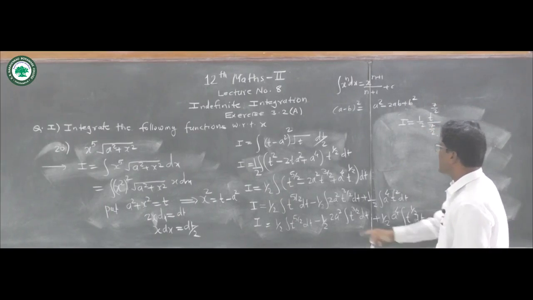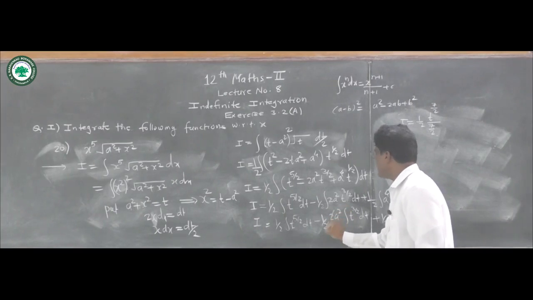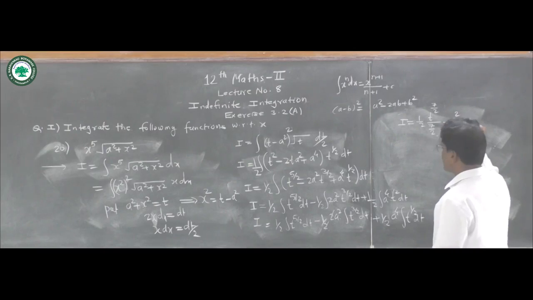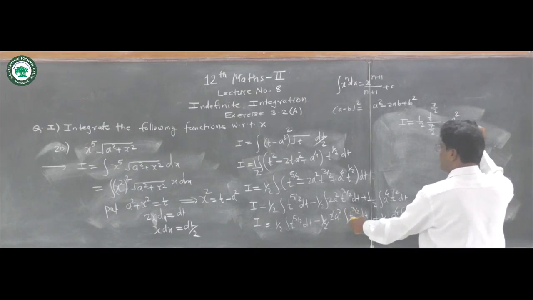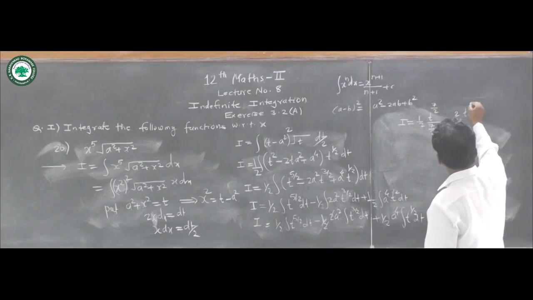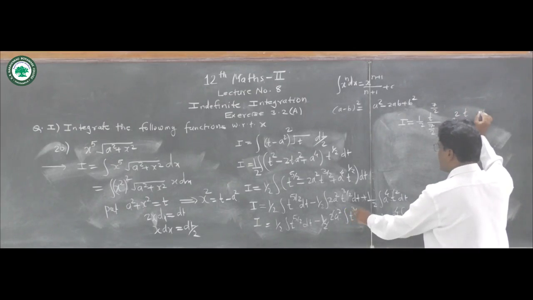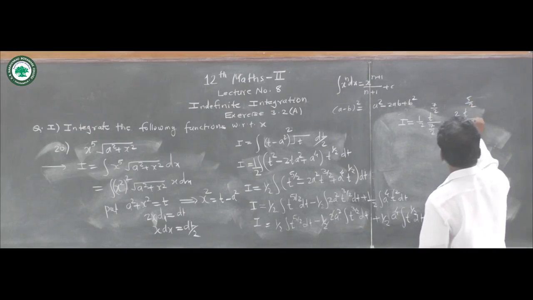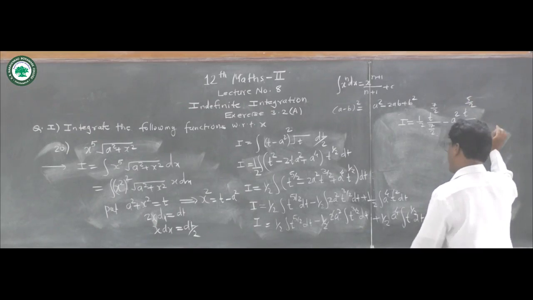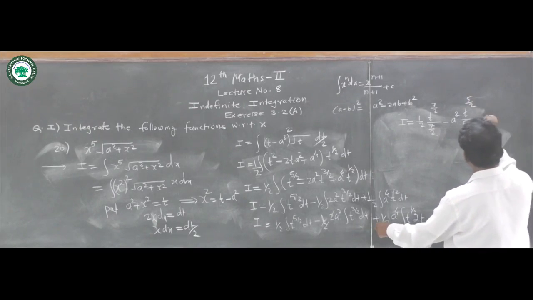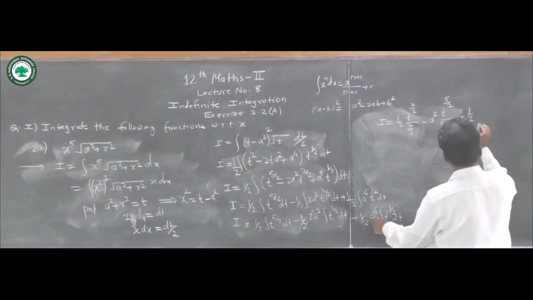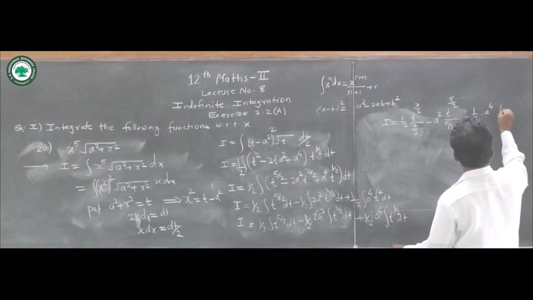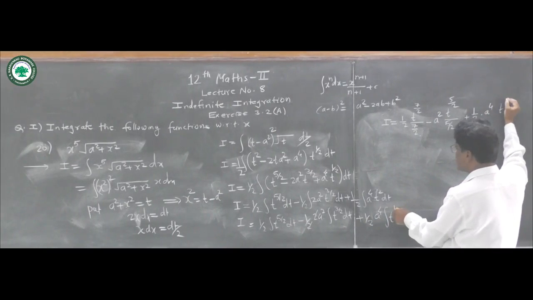Then here minus 1/2 into 2, this 2 and 2 get cancelled, so minus 1 into a square, it is minus a square, and now integration of t to the power 3/2 is t to the power 3/2 plus 1, that is 3 plus 2, 5/2, divided by the same number 5/2. Now here this 1/2 as it is and into a to the power 4, and integration of t to the power 1/2 is t to the power 1/2 plus 1, we increase the power by 1.